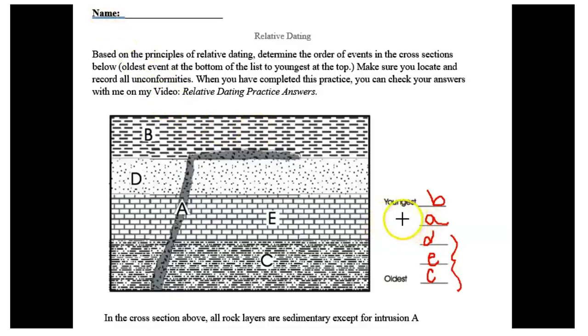Now, in deciphering the relative timing of intrusion A, it would be best to call in some additional observations. And here's where the principle of inclusions can end up being very helpful. One thing to look for in identifying the relative timing of this intrusion would be inclusions, either inclusions of igneous rock A inside unit B, or inclusions of rock unit B inside our igneous rock A. Identifying where the inclusions are would really help us confirm the sequence of events.